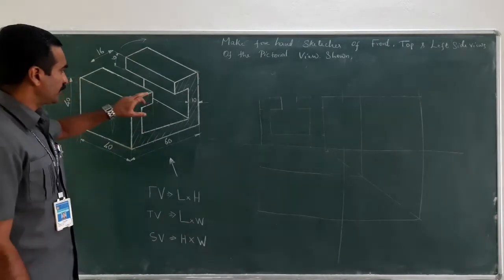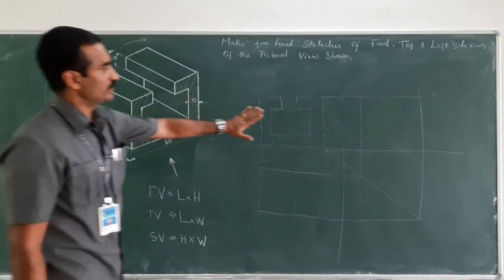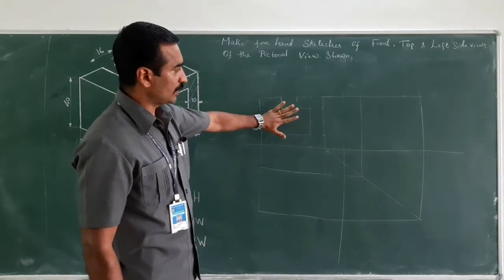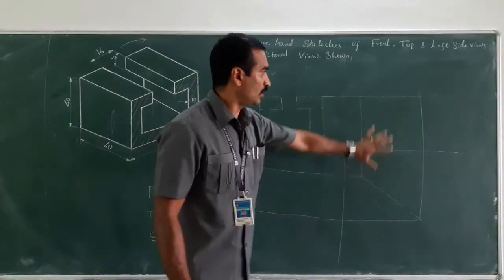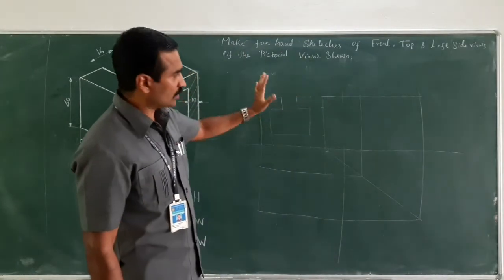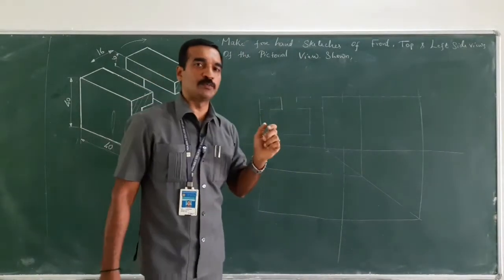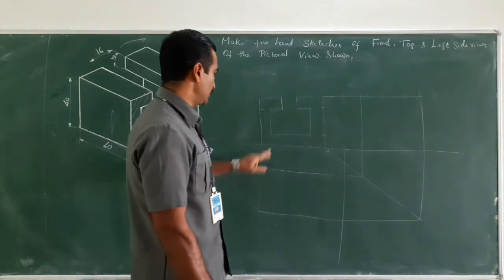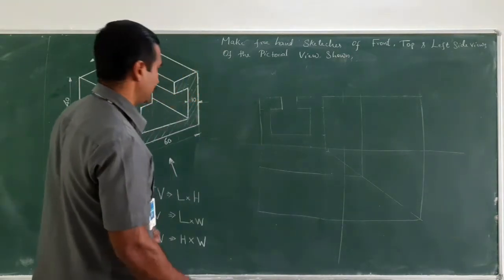Now when you observe here, look at this shape that is obtained. So don't draw any dark lines. After finishing all the views, at last only you should use an H pencil to draw the outlines or the object lines, or edges. Right.